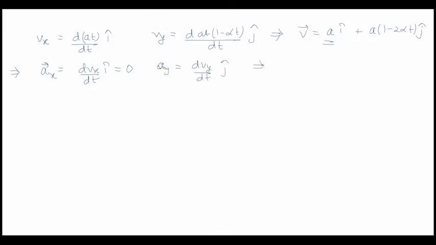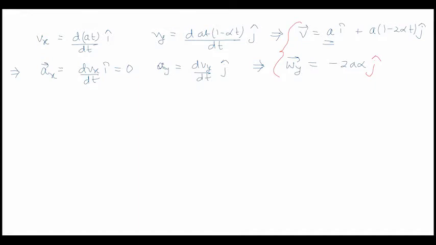So the acceleration along the y-axis is equal to minus 2a alpha. So this is the net answer which we are looking for. This is the velocity vector, and the acceleration vector is only along j cap. There is no i cap term in the acceleration equation.